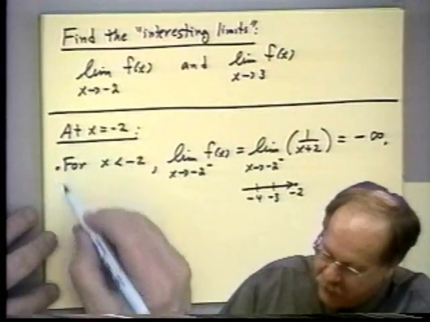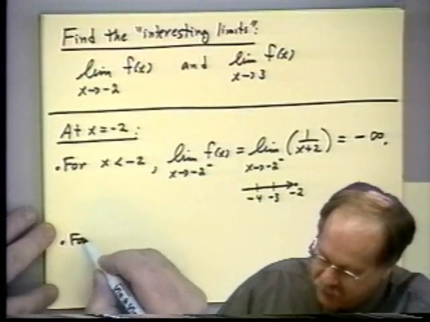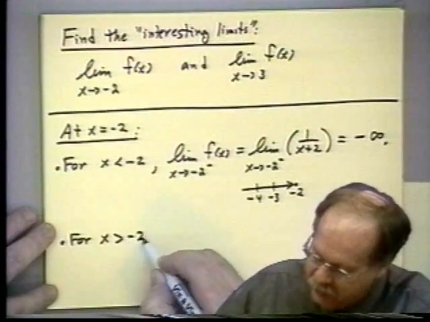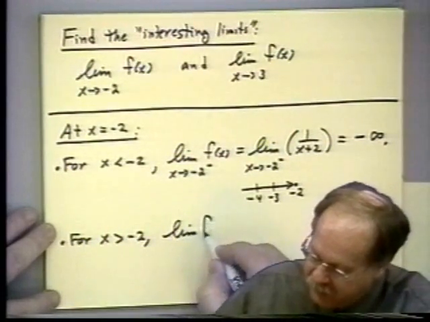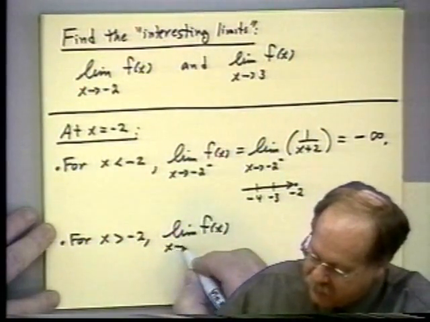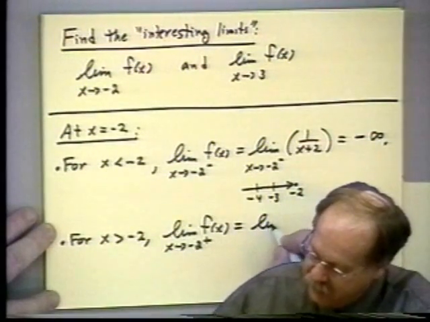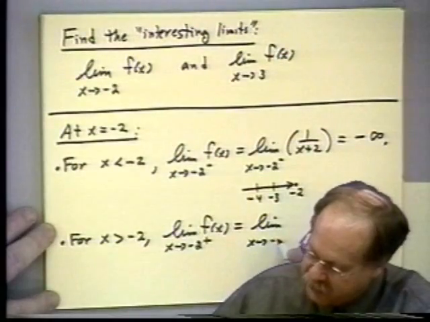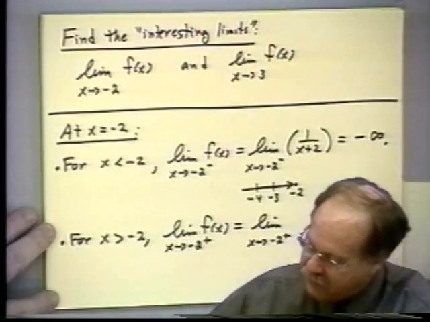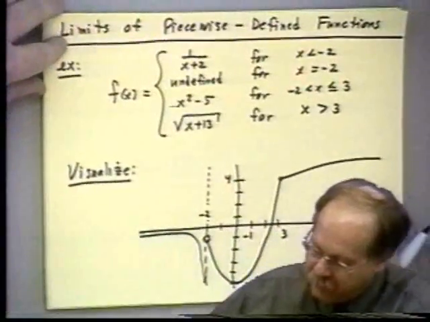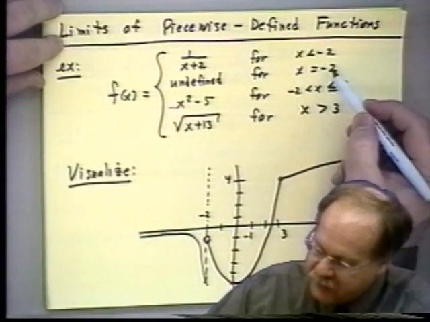Okay, well that's for x less than minus 2. What about the other direction? For x greater than minus 2, the limit of this function as x approaches minus 2 from above, there's that notation, is the limit as x approaches minus 2 from above. And what was the function above? Let's go back here and look. At minus 2 it was nothing.